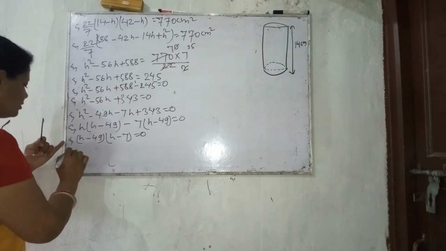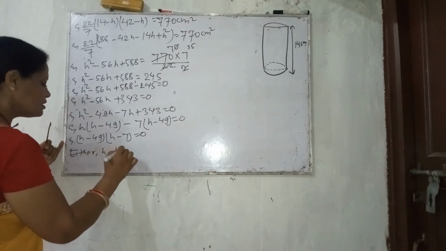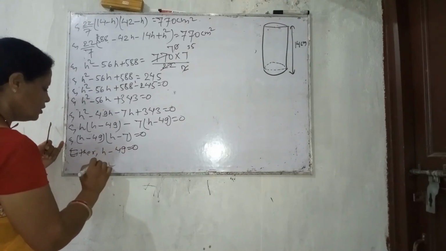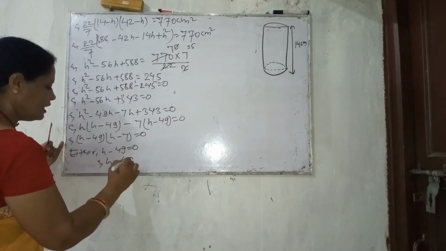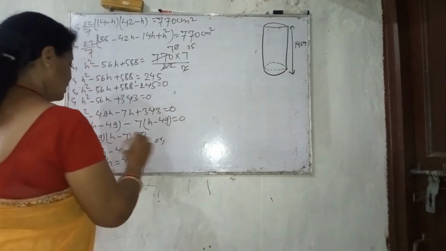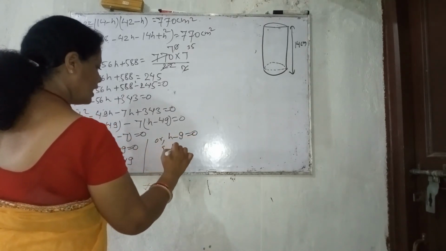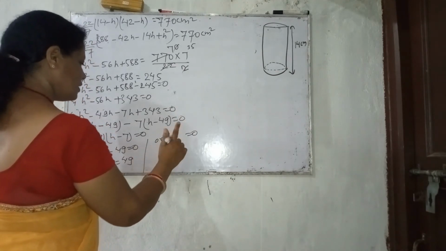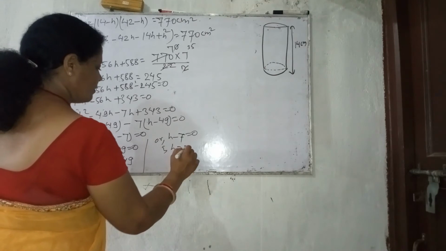Now we can write either h minus 49 equal to 0, that means h equals 49, or h minus 7 equal to 0, so h equals 7.